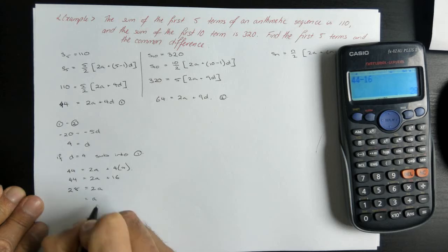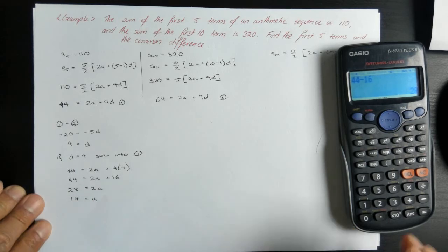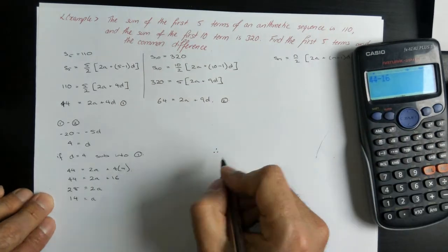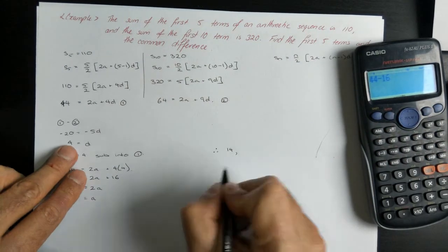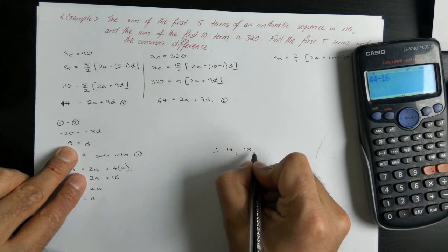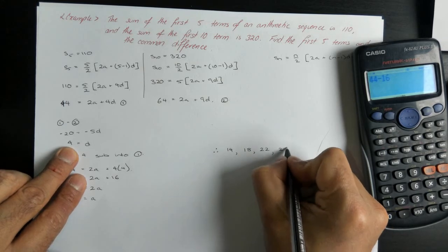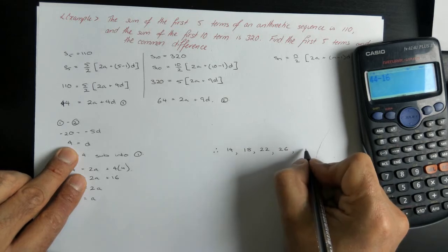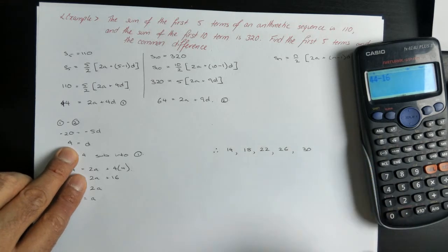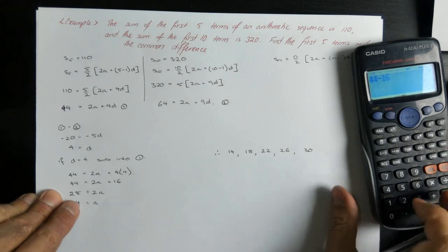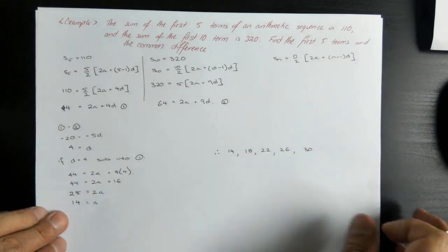So a equals 14. Therefore, the first 5 terms would be 14, and we're adding 4 to each: 18, 22, 26, and 30. Yep. Okay.